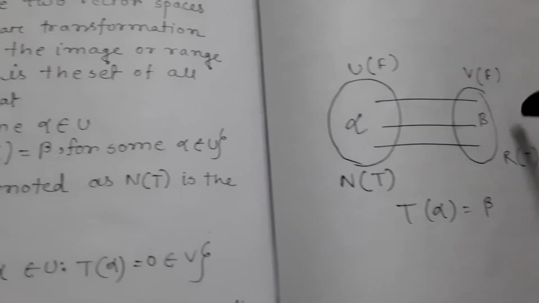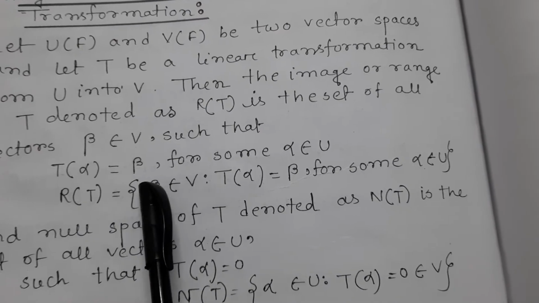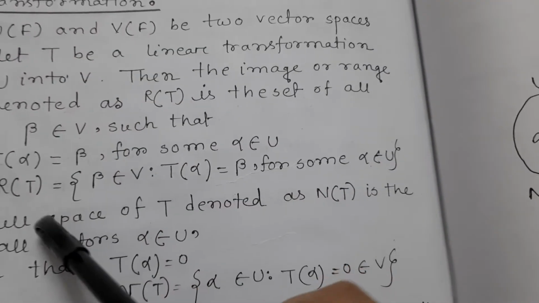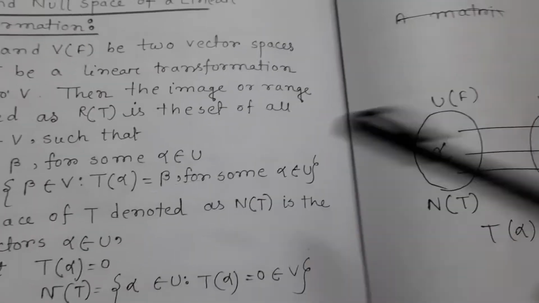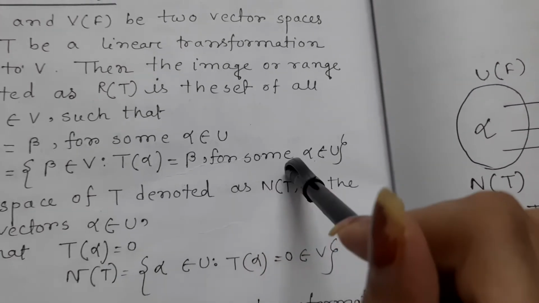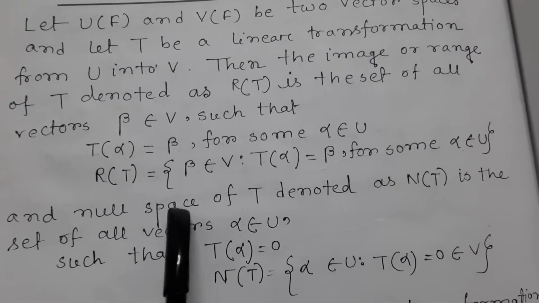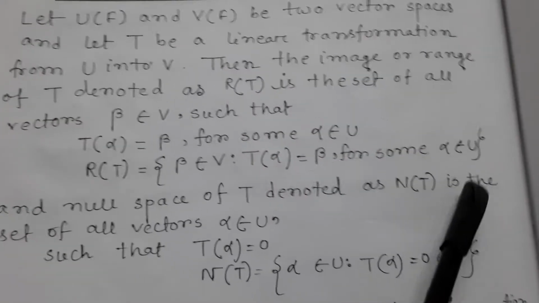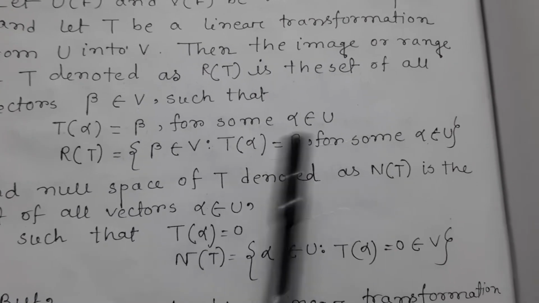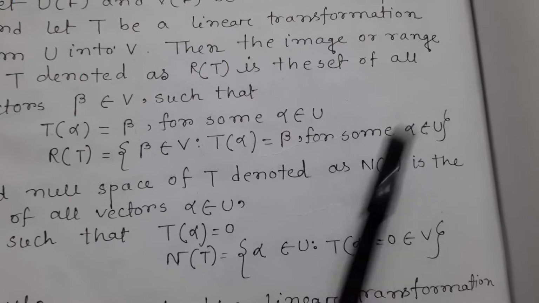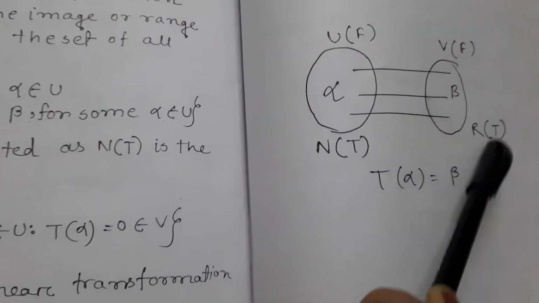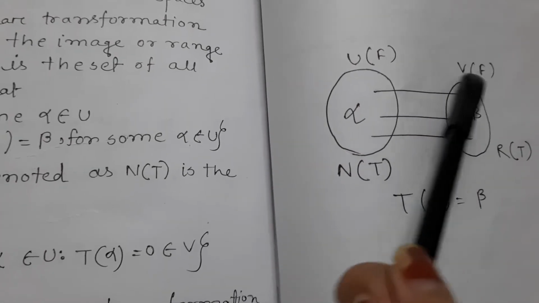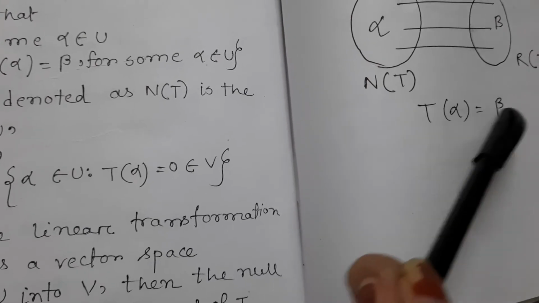Alpha maps to beta. So T of alpha is equal to beta for some alpha belonging to U, and R(T) is the set of all beta belonging to V such that T of alpha is equal to beta for some alpha belonging to U. The null space of T, denoted as N(T), is the set of all vectors alpha belonging to U. In the null space the elements are all alpha which belong to U, and in the range space the elements are all beta which belong to V, with the mapping T of alpha equal to beta.